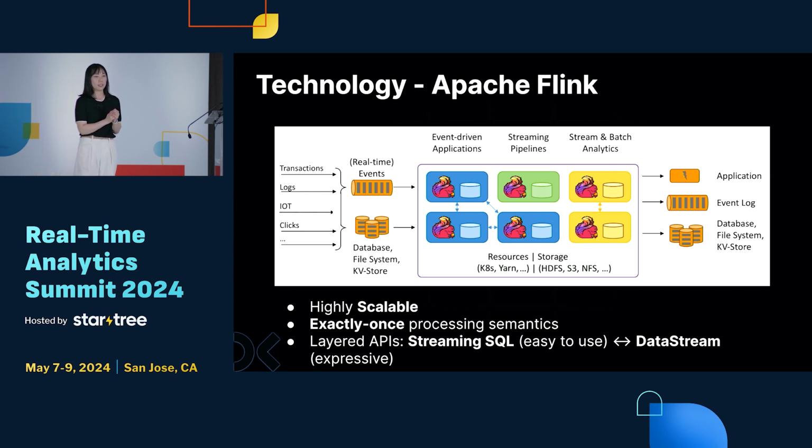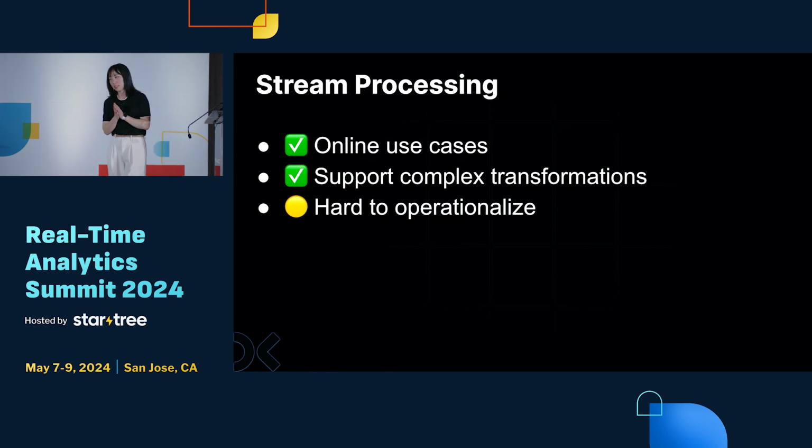And this technology is very commonly used in, I think people heard about it all the time, fraud detection or real-time monitoring. So the good part of this is, of course, it supports online use cases, and it supports really complex transformations and still maintains low latency for computing the results.